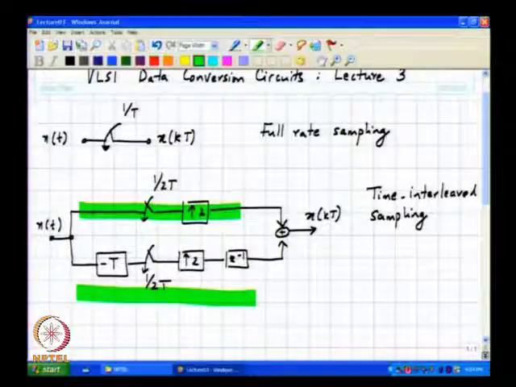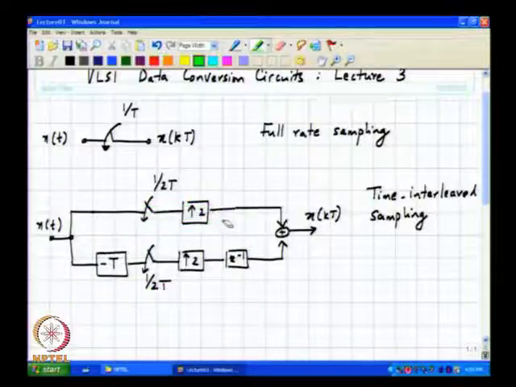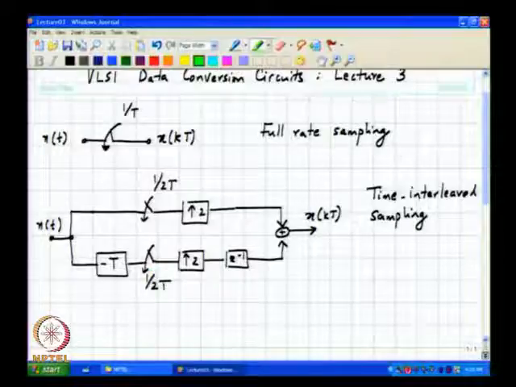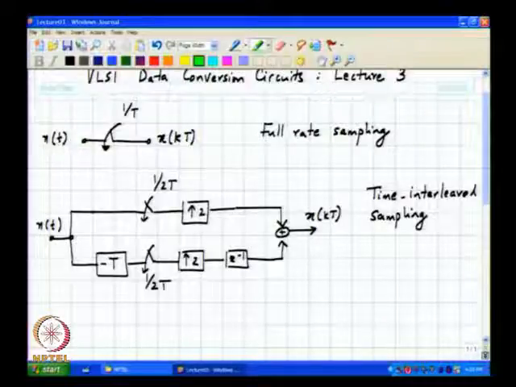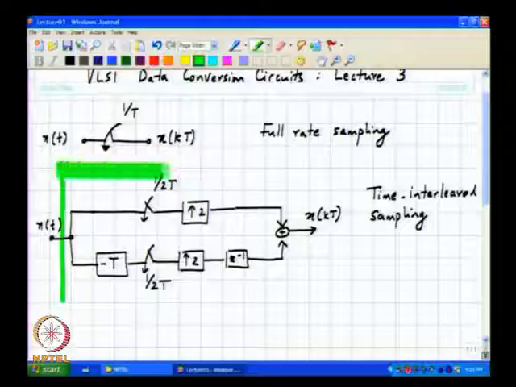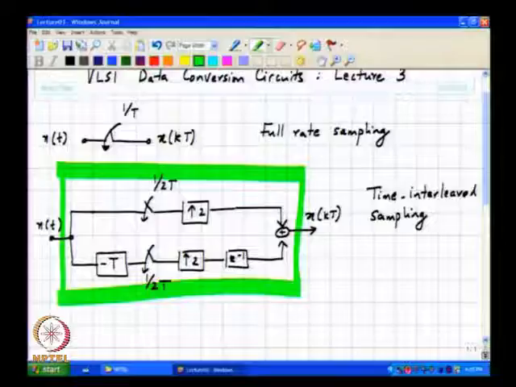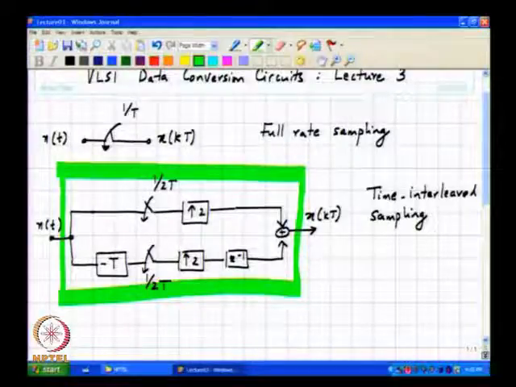To analyze, it does not make a difference if we have a mathematical equivalence, which is why I simplified things by sampling both of them at the same instant of time. However, one is artificially advanced by a time T, and if we put this whole contraption inside a box, the system inside the green box should in principle not be distinguishable from a full rate sample and hold.